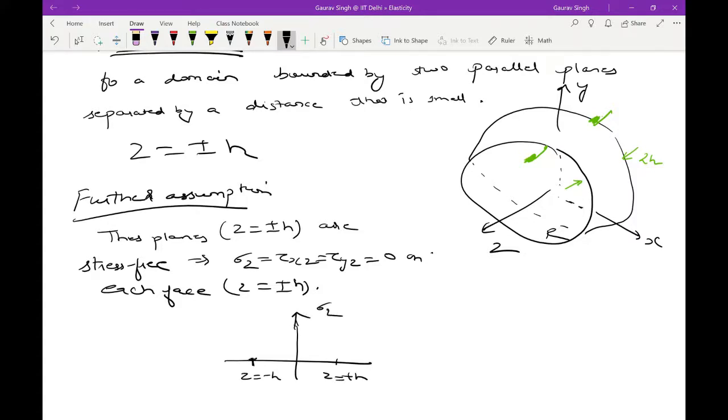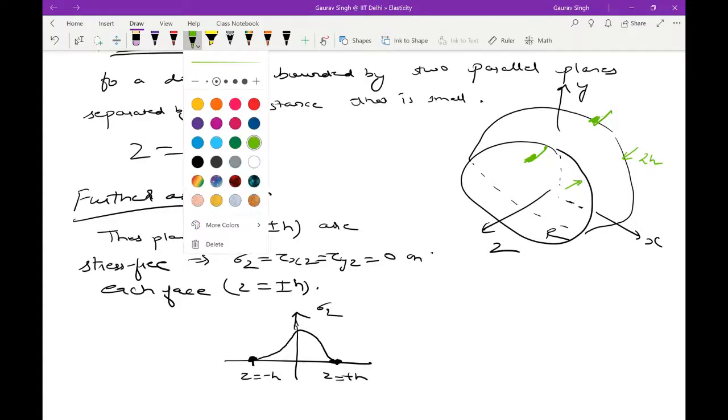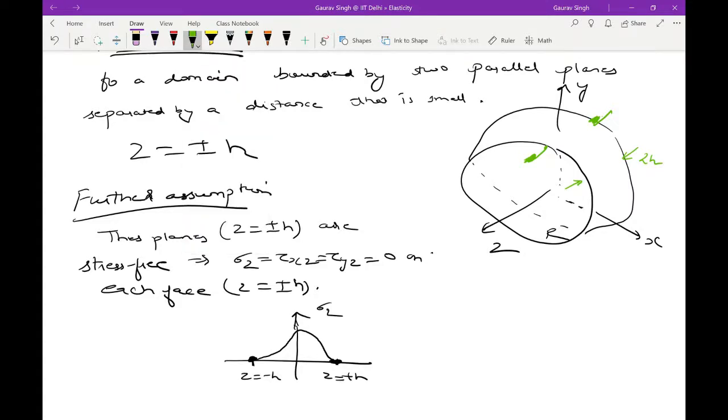If this is 0 over here and this is 0 over here, it's true. Now this distance of 2h is so small that it is highly unlikely that it will rise from 0 to a considerable value and then come back to 0, just because this distance is too small to allow this variation. What will usually happen is that at worst it will be something like this, maybe something like this.